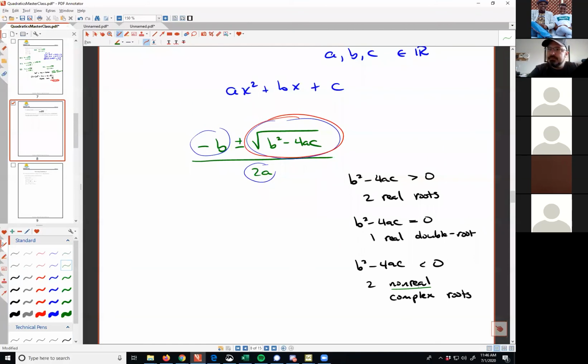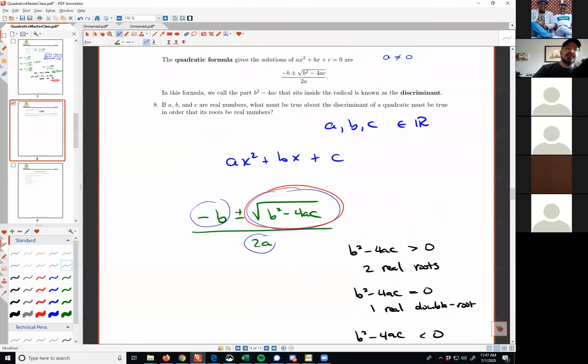As we said, 7 can be written as 7 plus 0i. The real point is that they are not real. It's that the discriminant is negative, and we take the square root of a negative number. So we don't just end up with roots that we know are complex, because complex includes real numbers and non-real numbers. But specifically, we have non-real complex numbers. So that's one reason to pay attention to the discriminant.